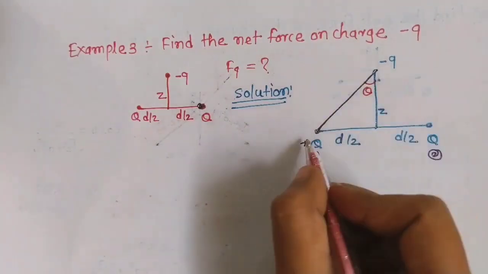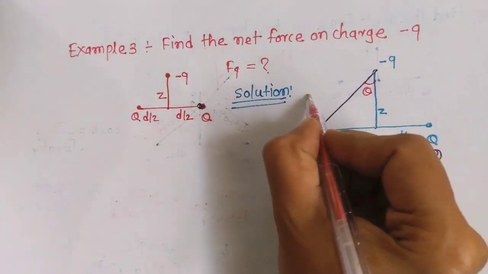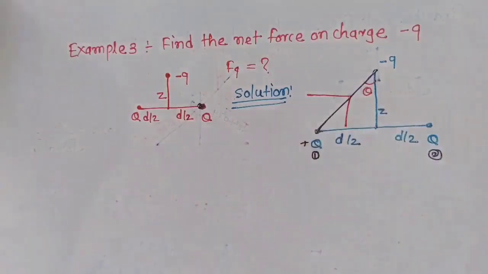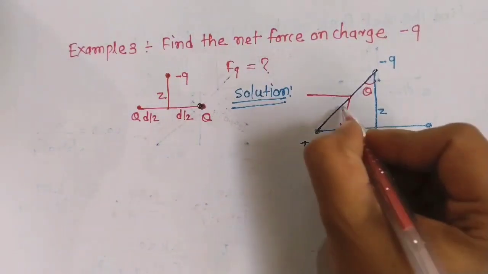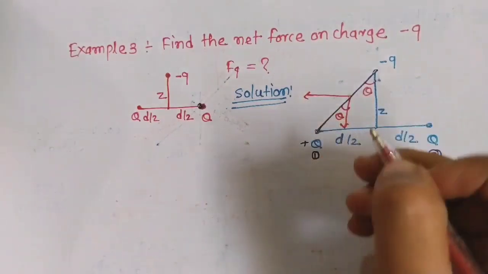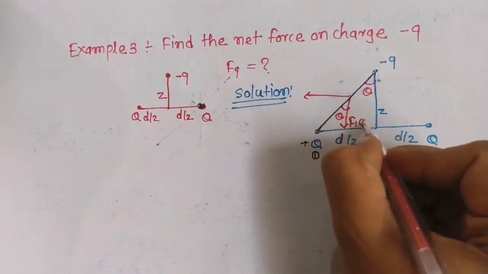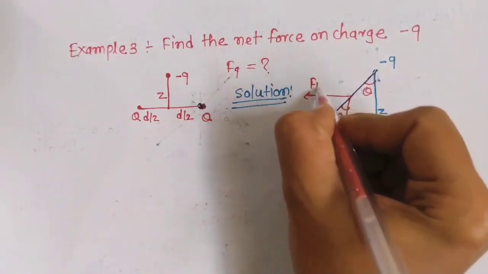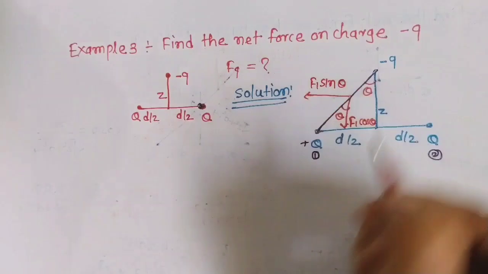It makes an angle theta. Both charges are opposite, therefore they attract, and the direction is towards the charge. This is also theta. F1 cos theta, and another one is F1 sin theta.